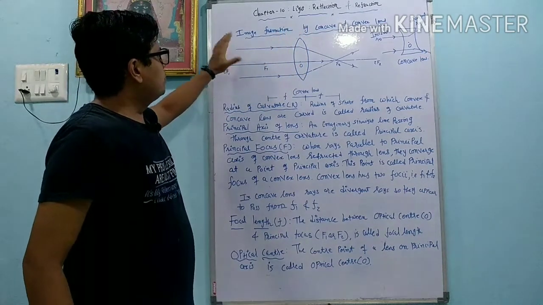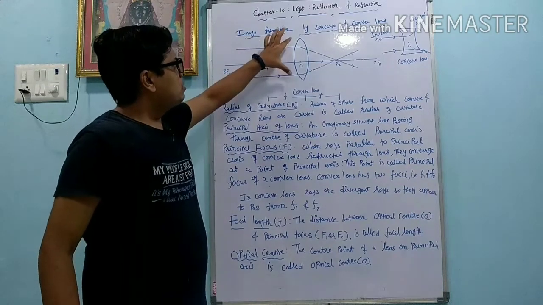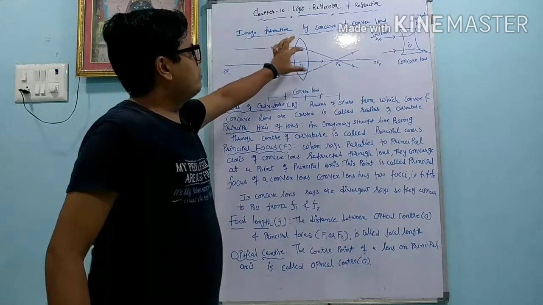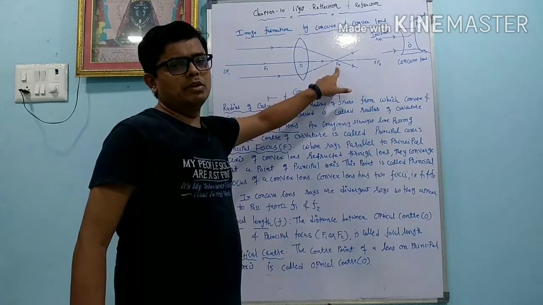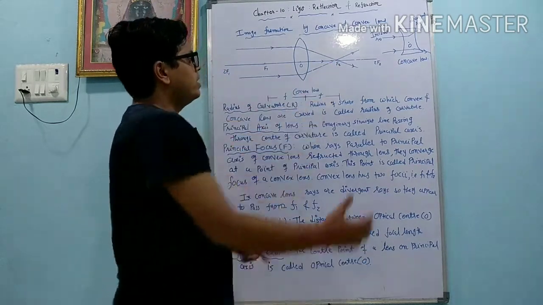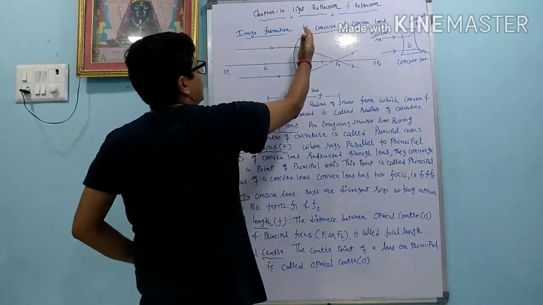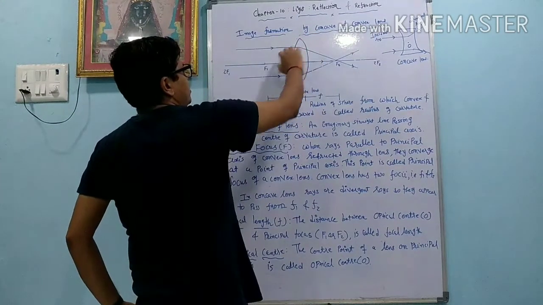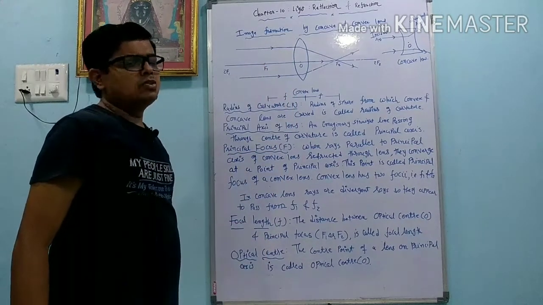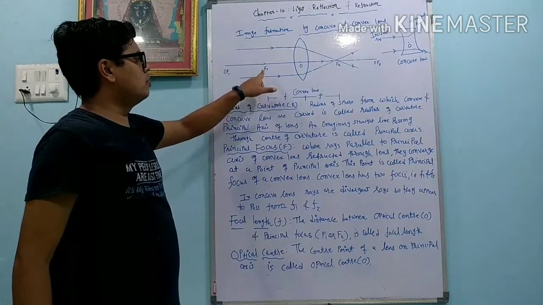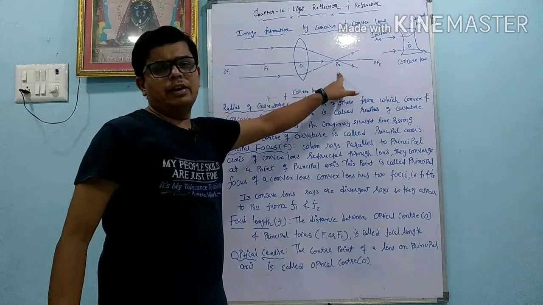When the rays go parallel to the principal axis of the convex lens, after refraction they meet at one point. This point is called the principal focus. Same way, suppose rays go from right hand side to left hand side, after refraction they meet at one point. So this point is also a principal focus. So the convex lens has two principal foci, F1 and F2.